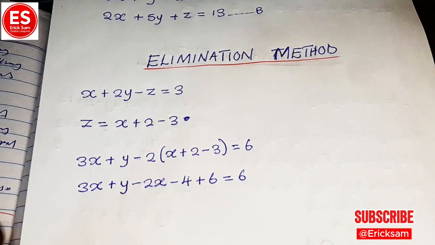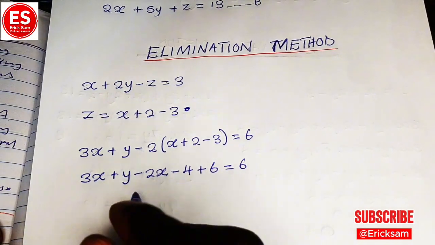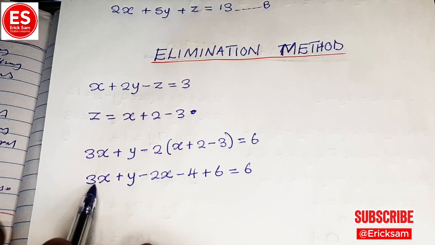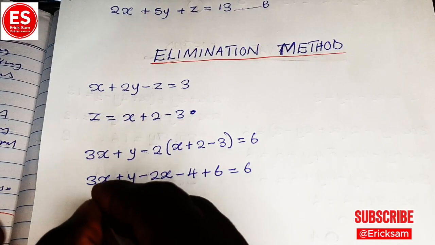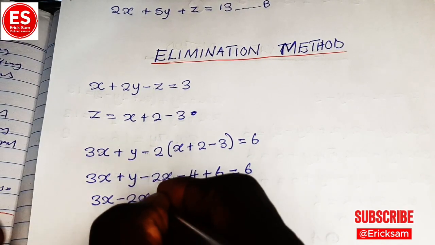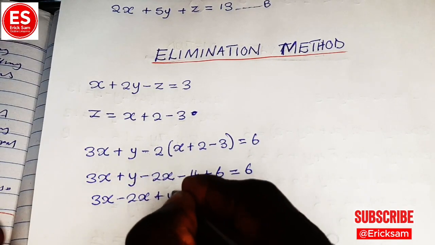Now we group the like terms together: 3x minus 2x plus y.